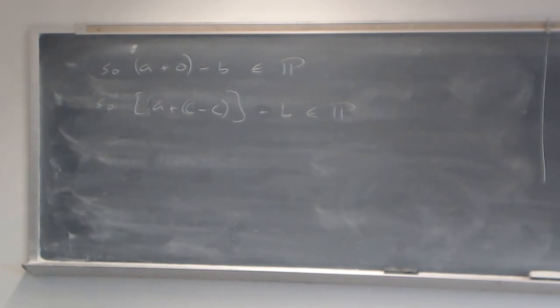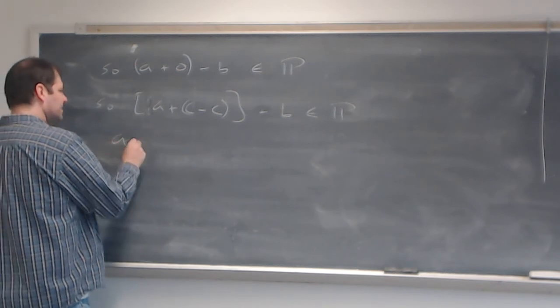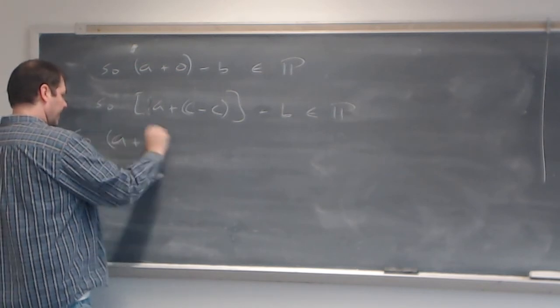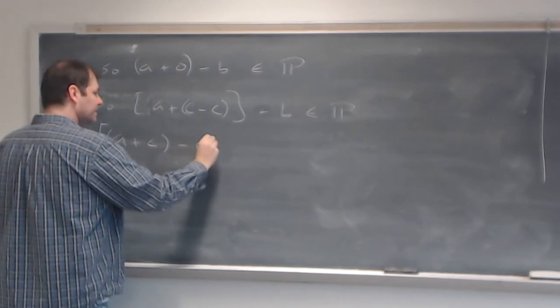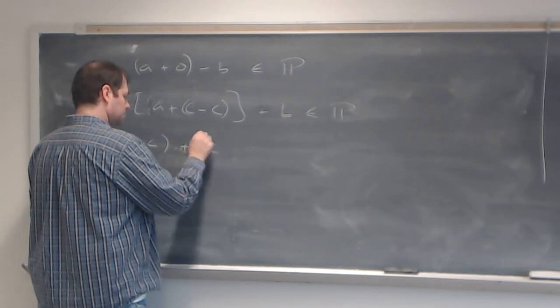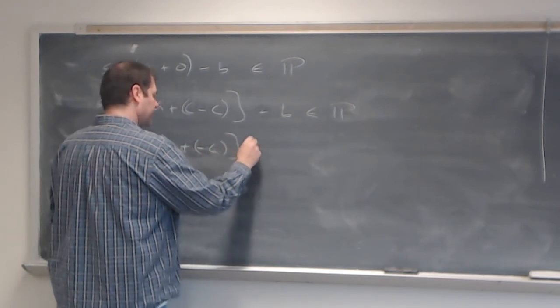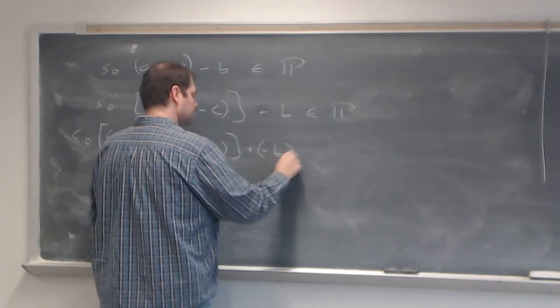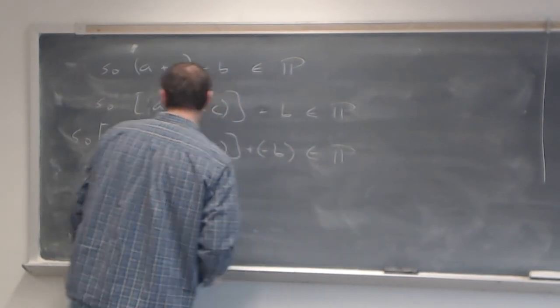And we can reorder them. So I can rewrite this as A plus C minus C, or I'll write this down as plus or minus C. And then here I'll write down plus or minus B is an element of positive numbers.